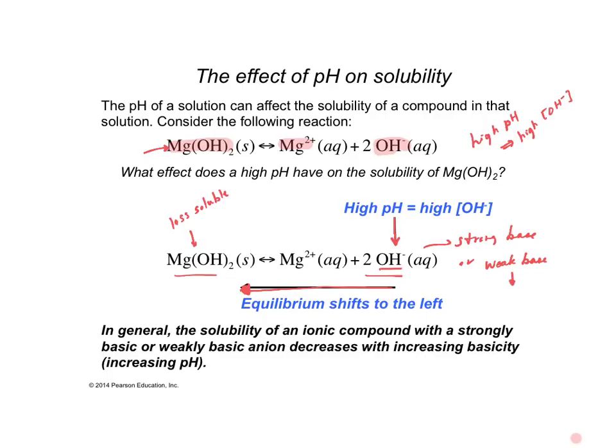A weak base is going to be any conjugate base of a weak acid, things like fluoride or acetate. All of these things that we've dealt with before, these conjugate bases of weak acids, are weak bases. So if you have a salt like calcium fluoride and you try to dissolve it in a solution that has a high pH or high basicity, it will be less soluble in that type of solution comparatively to water.